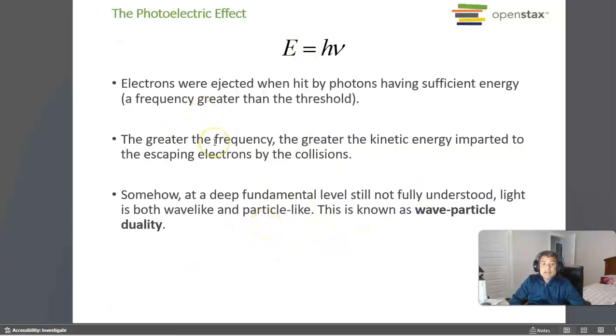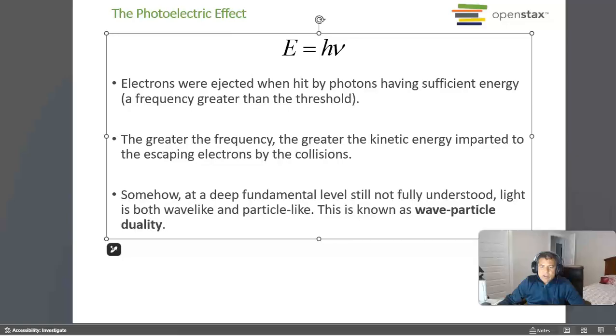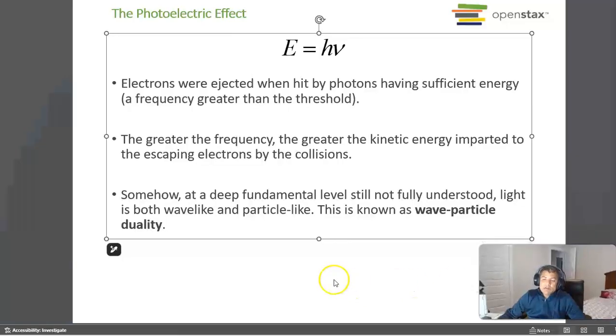Again, electrons were ejected when hit by photons having sufficient energy, right? Last time we saw that. The electron is a wave also, and a particle also. Similarly, light is also a particle as well as a wave.